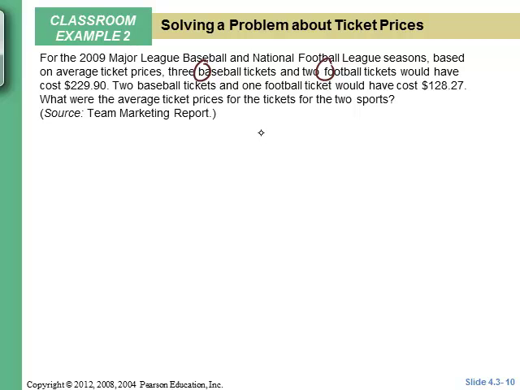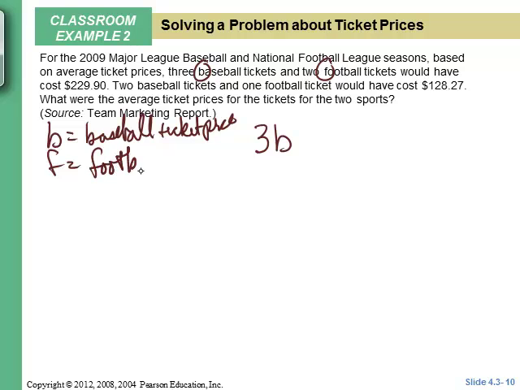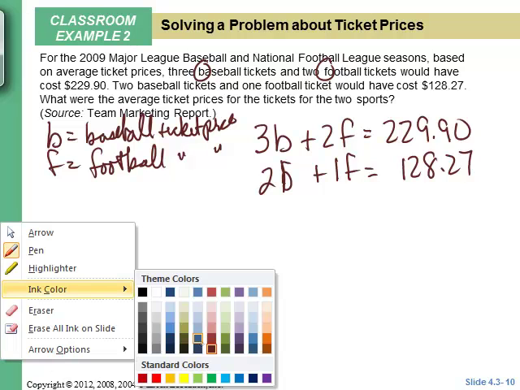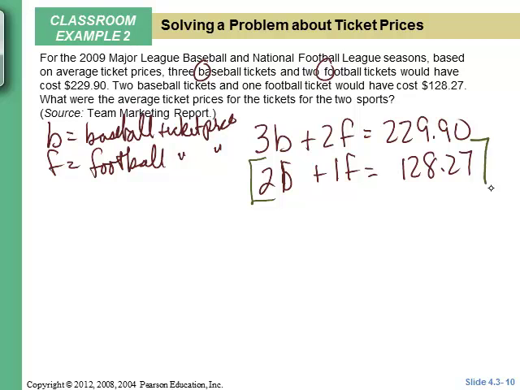So I better write B is baseball ticket price, F is football ticket price. 3 baseball plus 2 football is $229.90. 2 baseball plus 1 football is $128.27. If we take the second equation times -2, we can add it to the first equation.